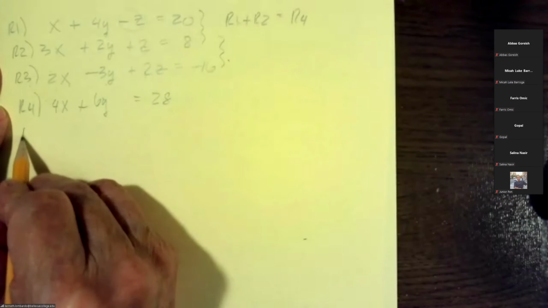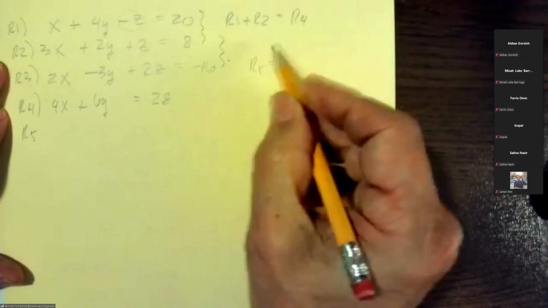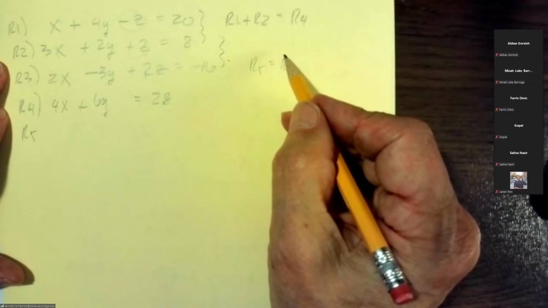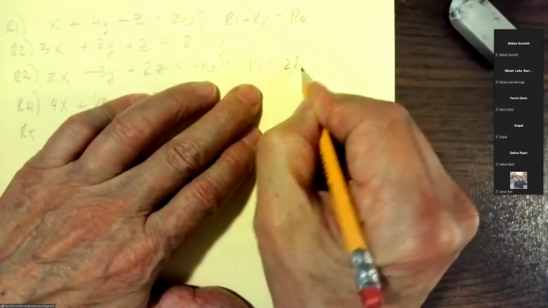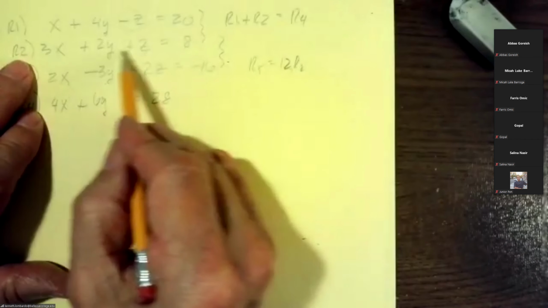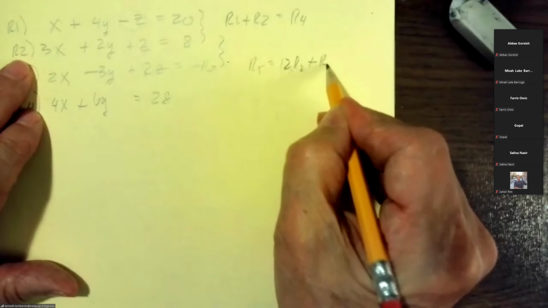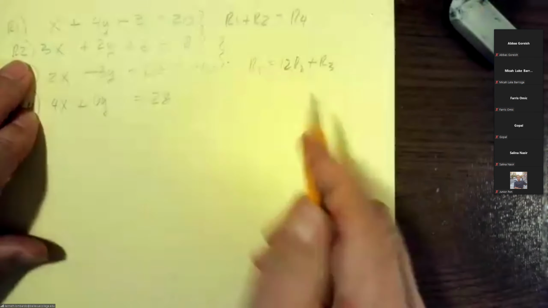So let's say row 5 equals row 2. And what can we do? Multiply it by 2. So let's say 2 times row 2, 2 times this, plus row 3. So let's just do that.